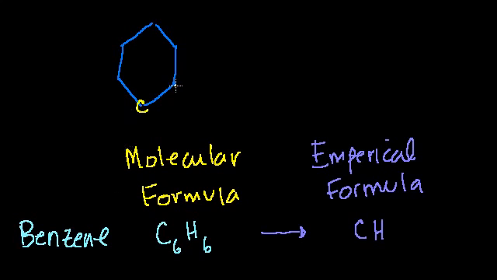So this is carbon, carbon, carbon, carbon, carbon, carbon. They have double bonds every other carbon. And then they have single bonds to hydrogen. Let me do the hydrogen in magenta. Hydrogen.